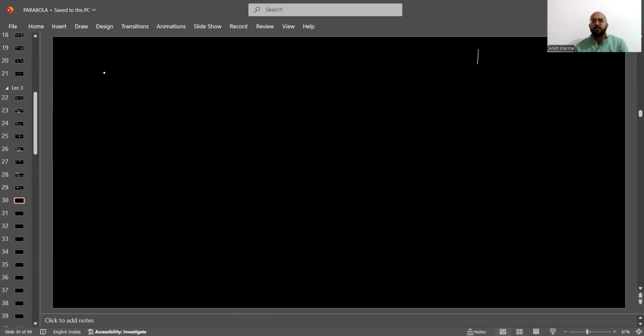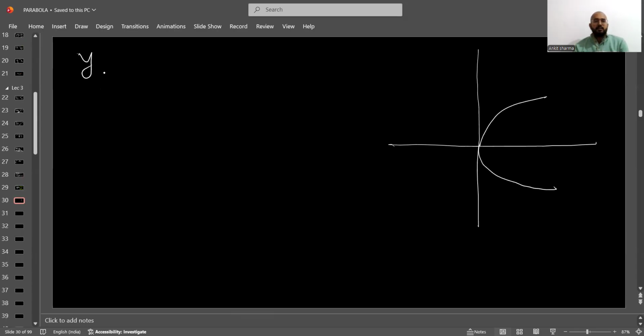Now imagine I have a parabola here. Say this is my parabola, y square is equal to 4ax. And for a conic, we'll be writing it as y square minus 4ax.